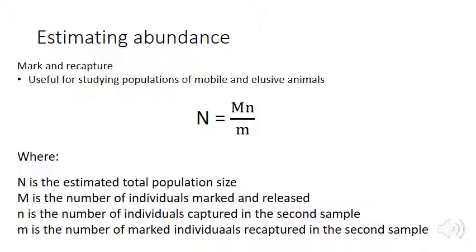Capital N is the estimated total population size, so that's what you're looking for. Capital M is the number of individuals marked and released. And then during a second sampling period, small n is the number of individuals captured, and small m is the number of marked individuals that were recaptured in that second sample.